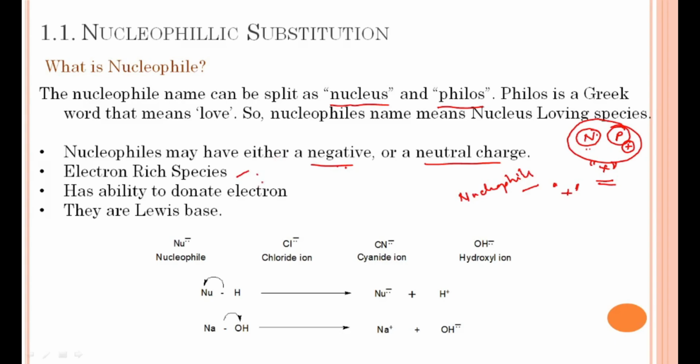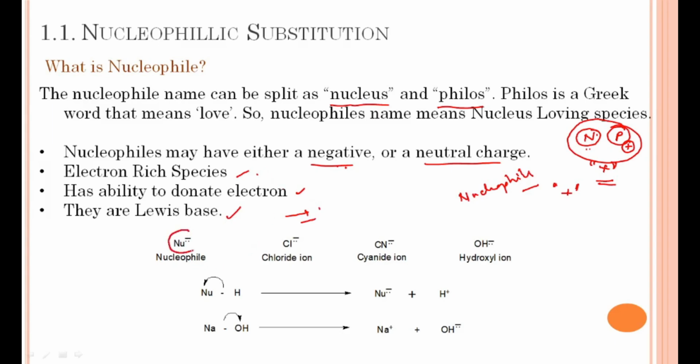They will have the ability to donate electrons. They are Lewis bases. What is a Lewis base? The atom or group having the tendency to donate electrons is called a Lewis base.